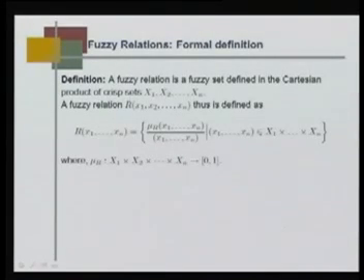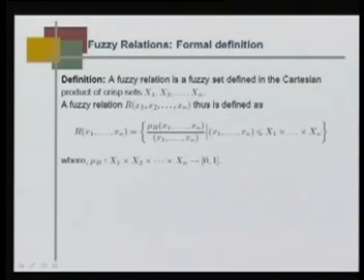So, this is a formal definition of fuzzy relation. A fuzzy relation is a fuzzy set defined in the Cartesian product of crisp sets x 1, x 2, up to x n, and a fuzzy relation R is defined as mu R upon x 1 to x n, where x 1 to x n belongs to the Cartesian product space of x 1 until x n.